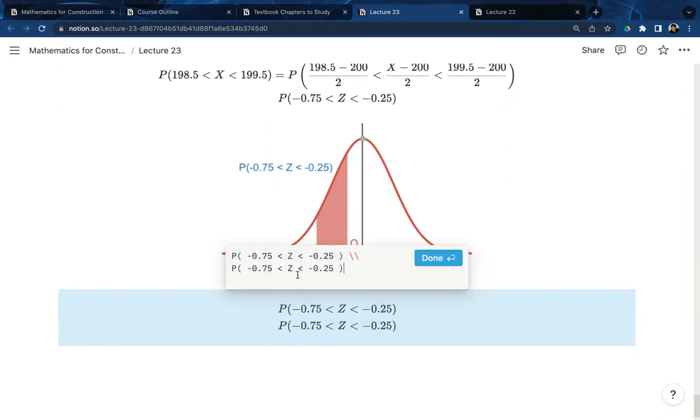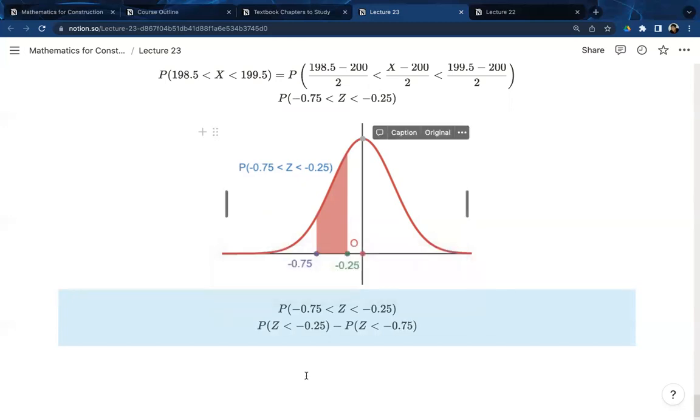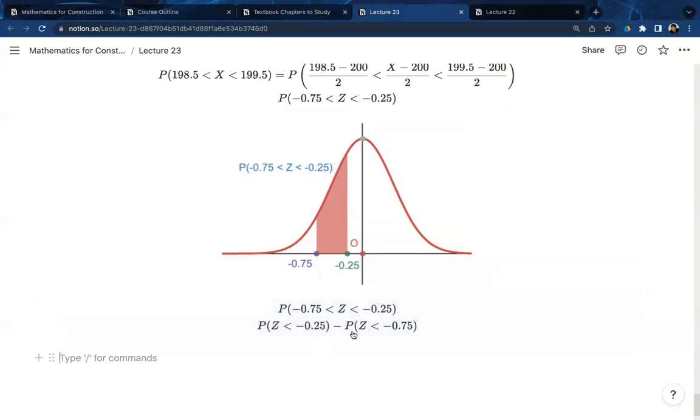So it is the probability that Z is less than 0.25 minus the probability that Z is less than negative 0.75. That's what it is. How do I determine that? The probability that Z is less than negative 0.25 is everything from negative 0.25 to the left.